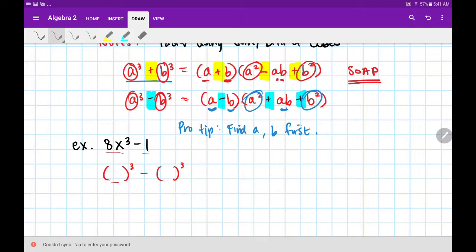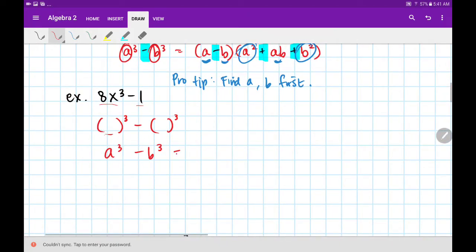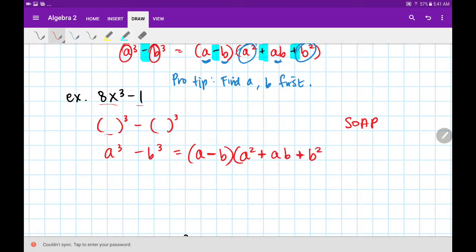Before we do that, let's write our formula. We've got to write our formula every time. So this is an A cubed minus B cubed problem. So A minus B, okay, we're staying the same. Now we're using the opposite sign. I'm using SOAP in my mind. We multiply them together, and then it's always positive, and square the last term.